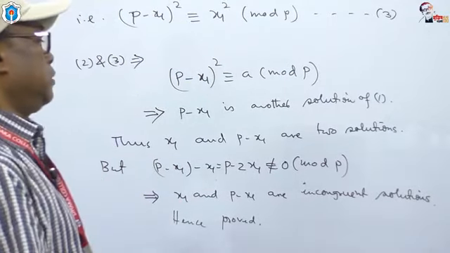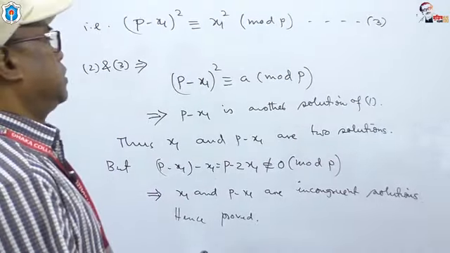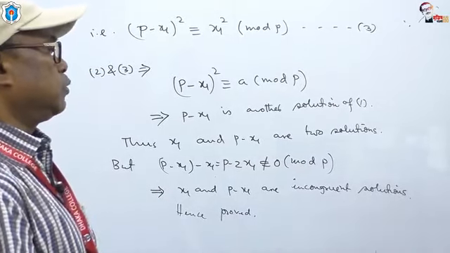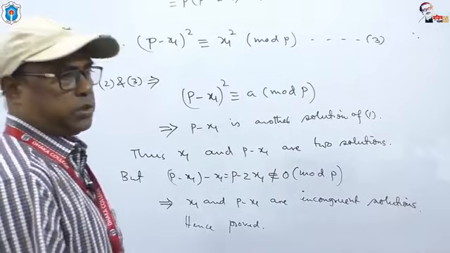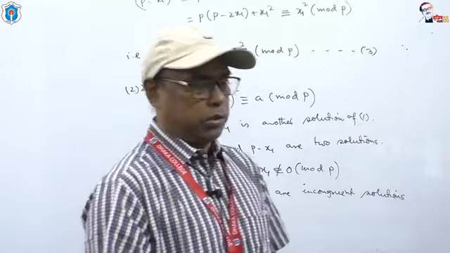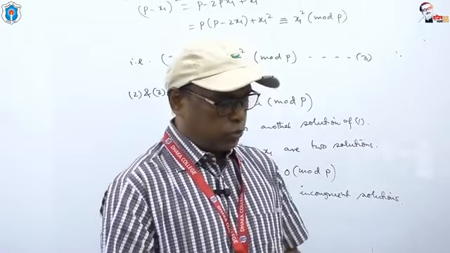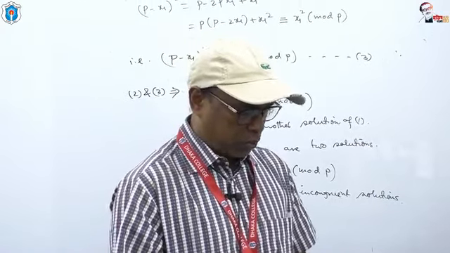This theorem shows that there are only two solutions, and you can prove that this quadratic congruence has exactly two solutions.